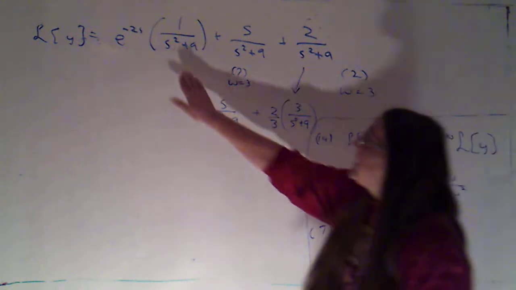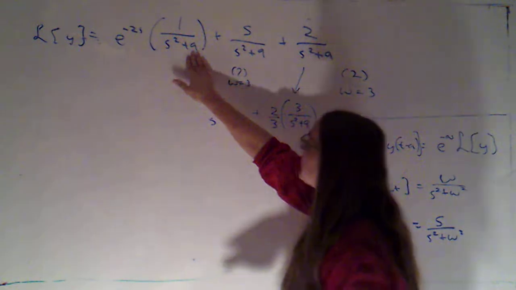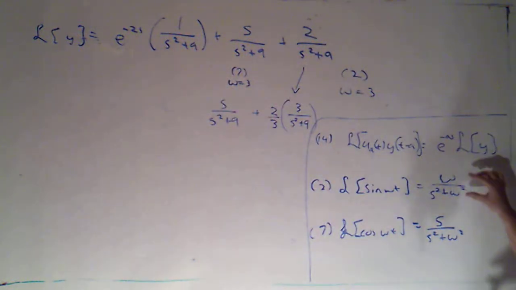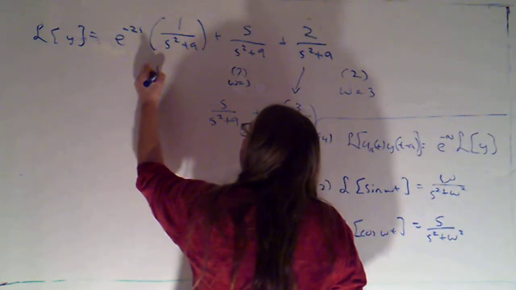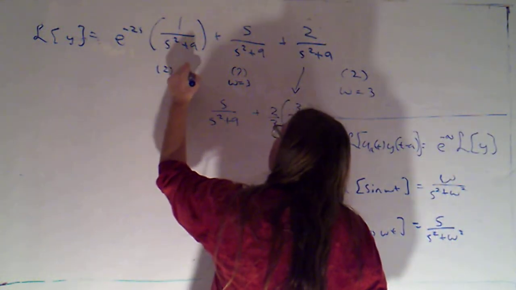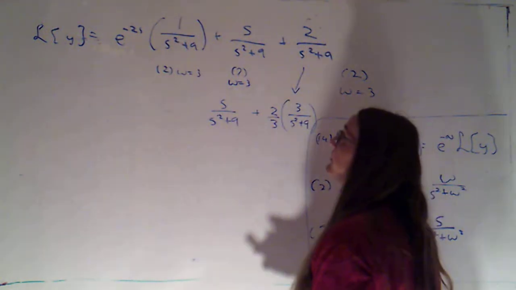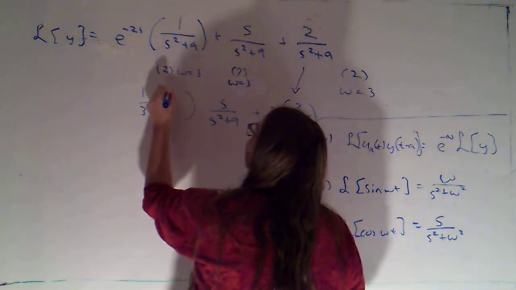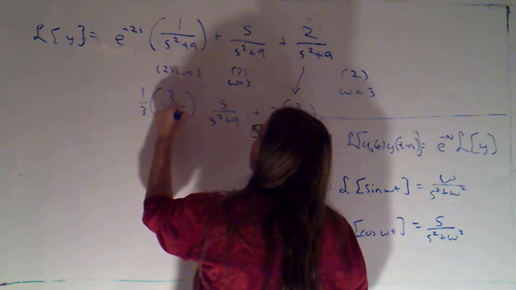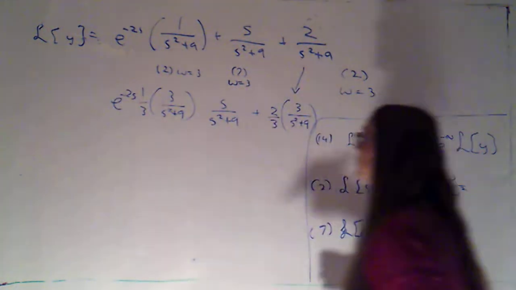Okay. This piece, I've got the same s squared plus 9 on the bottom. I've got just a number on the top, so I want to make it match formula 2. So this is going to match formula 2 with omega equaling 3 if I multiply by 1 in the form of 3/3. So I'll have 1/3 times 3 over s squared plus 9. Still, it's being multiplied by e to the negative 2s.